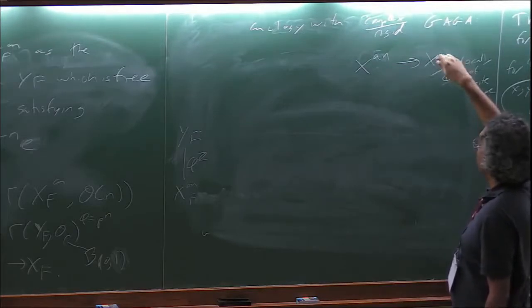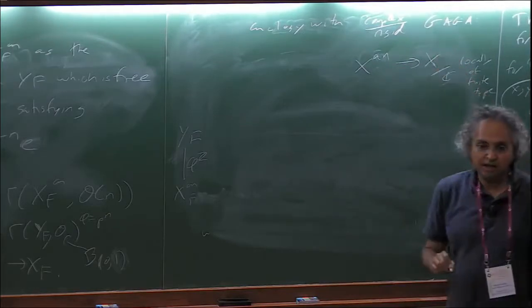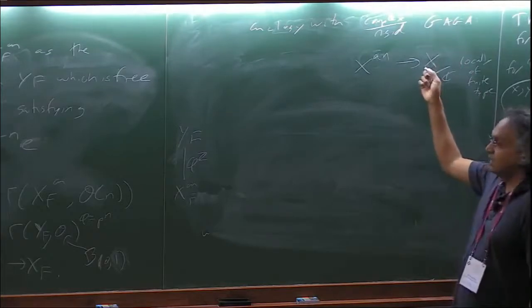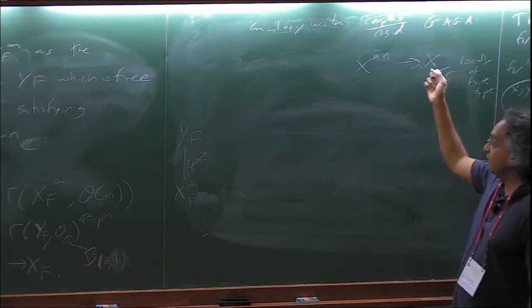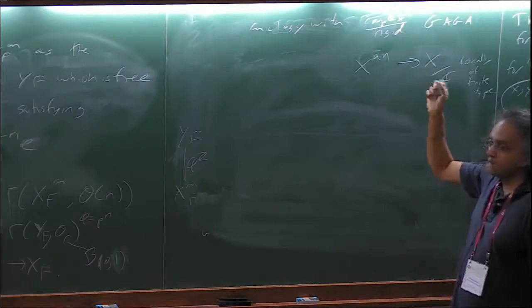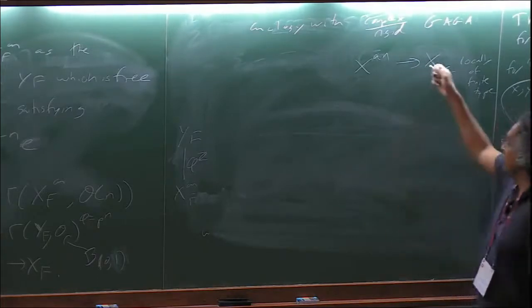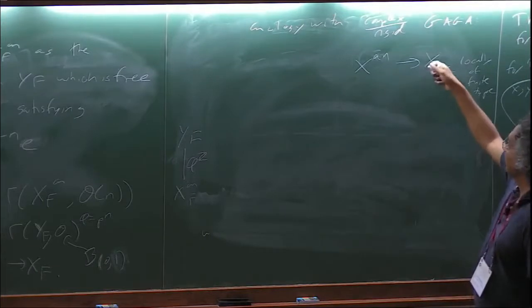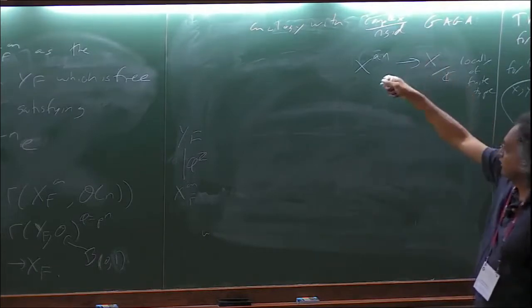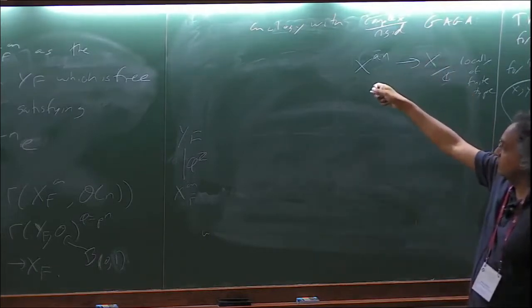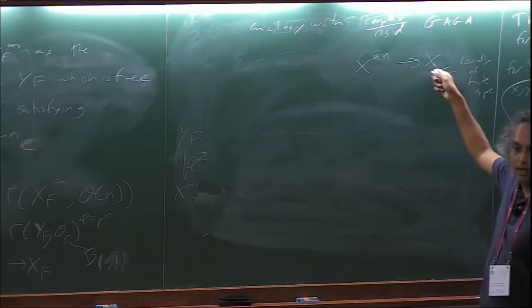Because, for example, let's say X is affine. An affine scheme has a universal property, but it's a universal property not just in the category of schemes, but in the category of all locally ringed spaces. Any morphism from the coordinate ring to the global sections of some locally ringed space gives you a map the other way.